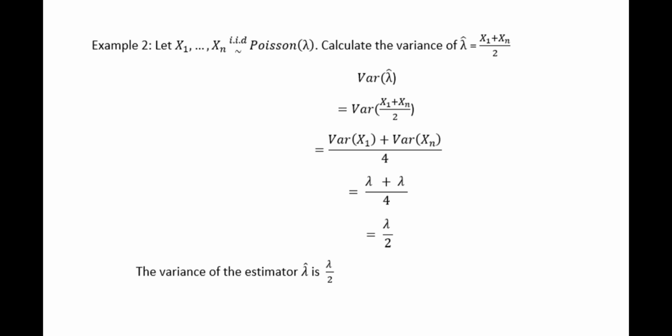So we do that and take the 2 out, that becomes 4 in the denominator, and the variance of a Poisson distribution is lambda, and therefore the variance of the estimator is lambda over 2.